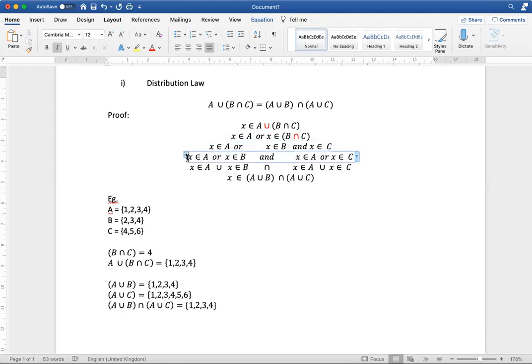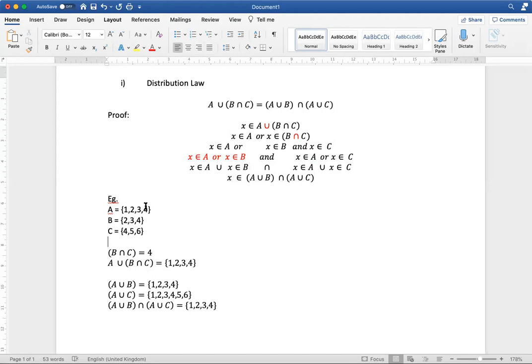Now, on the first objects in here, we're equivalent to say that X belongs to A or X belongs to B, and X belongs to A or X belongs to C, and put it back into the same notation. So we have X belongs to A or B, and X belongs to A or C. And that proves the distribution law.